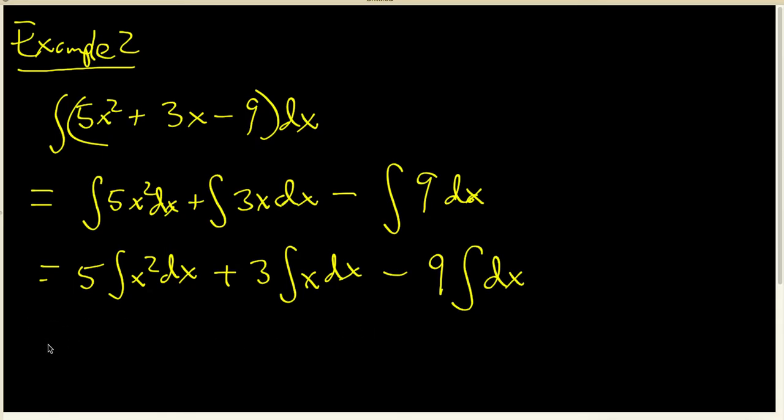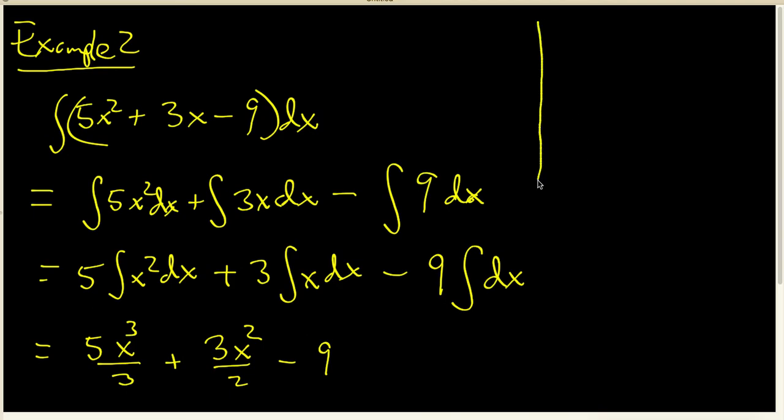These other two are easy to do because they follow one of our basic rules that we've already established. This one's going to be 5 times x cubed over 3. And the next one is going to be 3 times x squared over 2. And then finally, I've got 9 times something. And I want to talk about this over here in a little bit of detail.